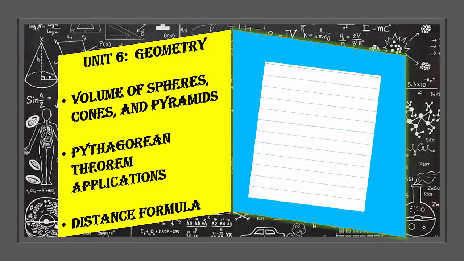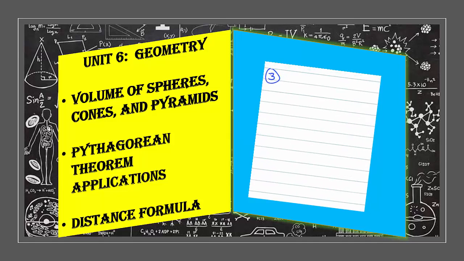Number 3. Negative 2 times the square root of 5x plus 10 is equal to negative 20. Again, I need to look through my order of operations backwards.